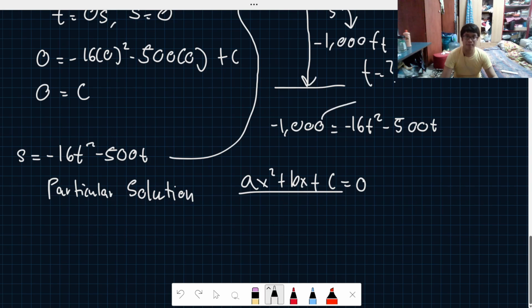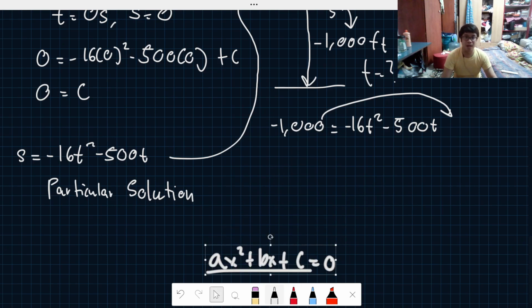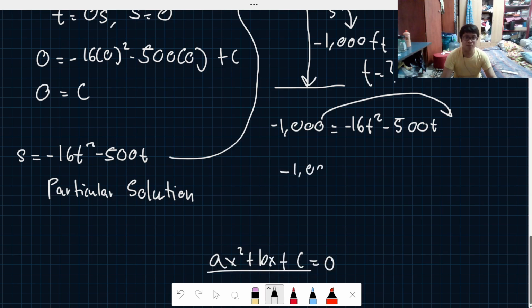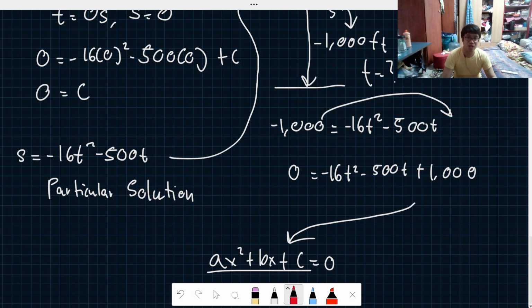So what I'm going to do is bring the 1,000 to the right side. So as a result, I'll have negative 1,000. Sorry, wait. 0 is equal to negative 16 t squared minus 500 t plus 1,000. That's it. Now you see it is in fact a trinomial, because you will know it's a trinomial when you see a squared variable and a t, and then suddenly you have a constant term.